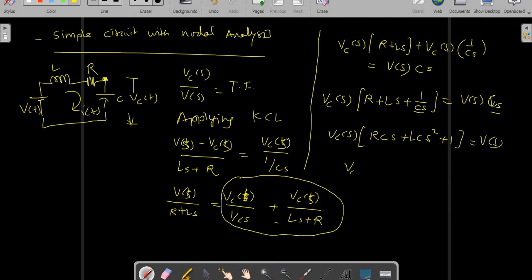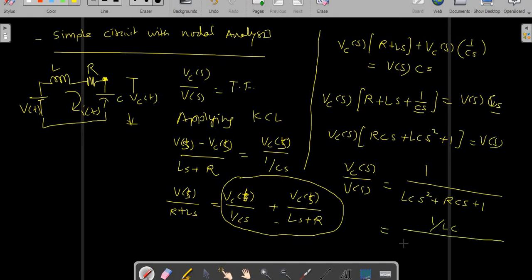So finally Vc(s)/V(s) = 1/(LCs² + RCs + 1), which we can write as (1/LC)/(s² + (R/L)s + 1/LC). So the same transfer function we have obtained with nodal analysis.